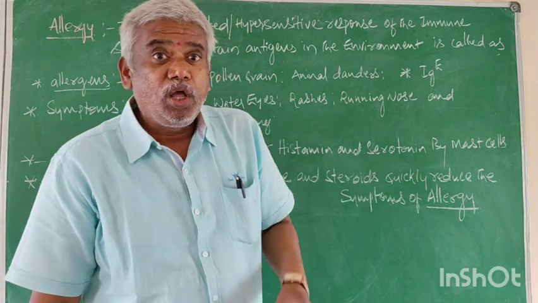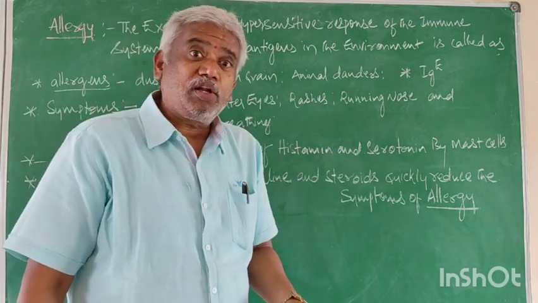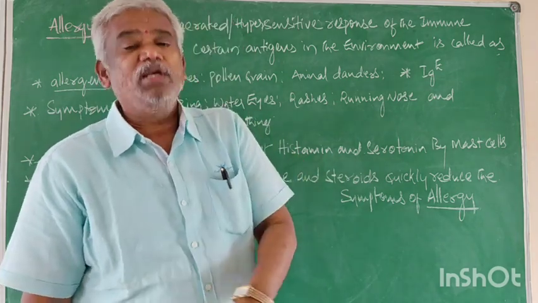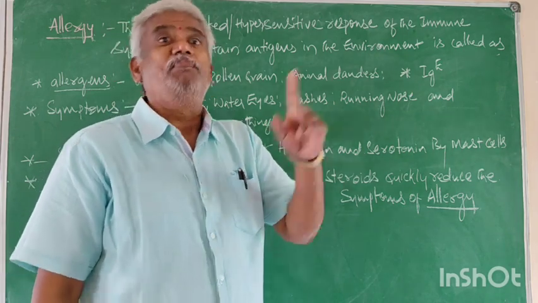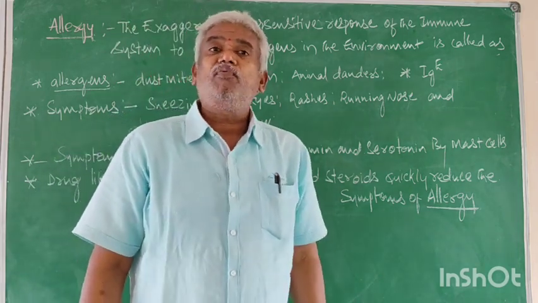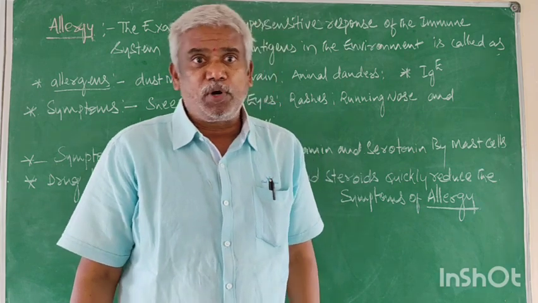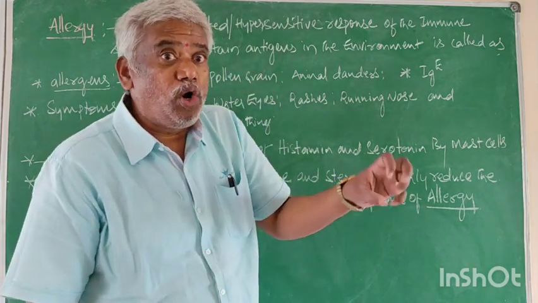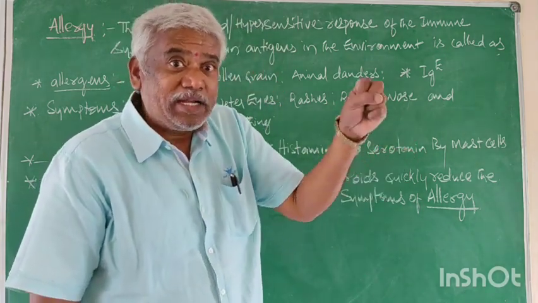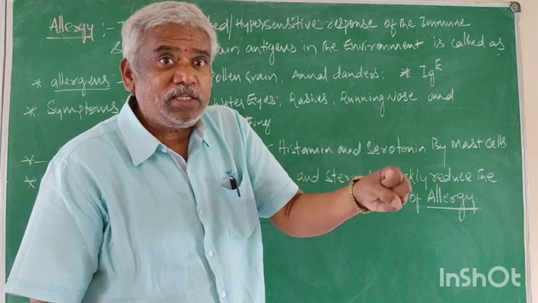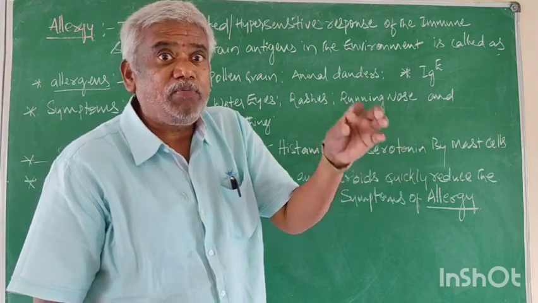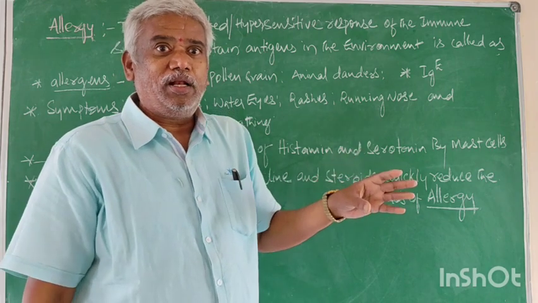B cells form 2 types of cells: effector cells and memory cells. Actually, the function of effector cells of B is to produce the antibody. This antibody holds or interacts with the antigen. In this interaction, the antigen becomes inactive or immobile.